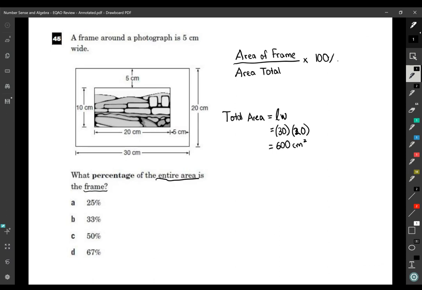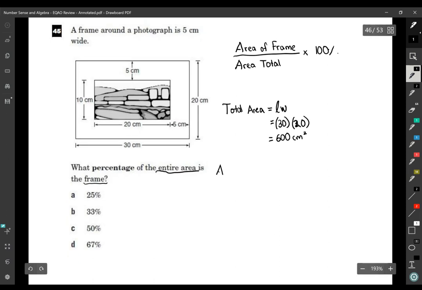Now, to figure out the area of the frame, what we're going to do is calculate the entire area, again, just like we did, and we're going to subtract the middle part.